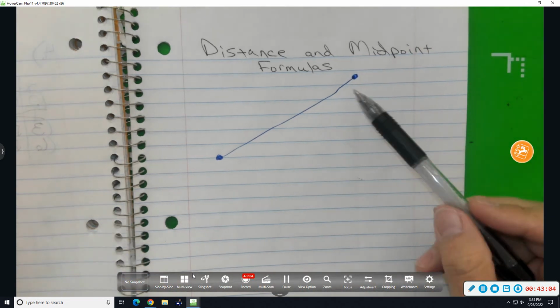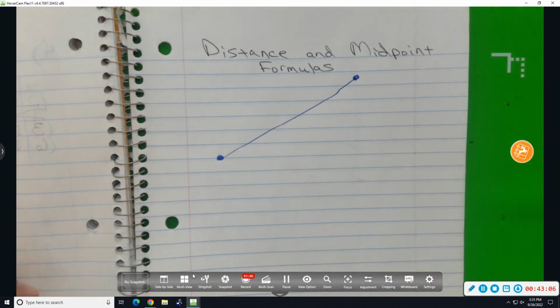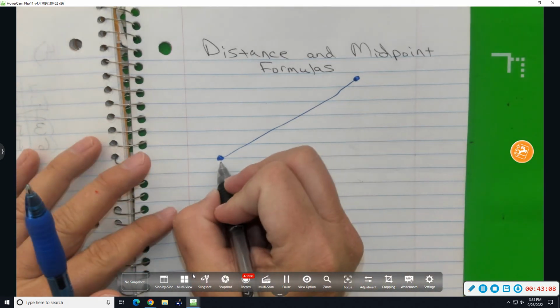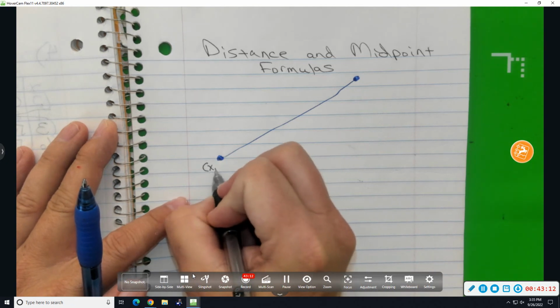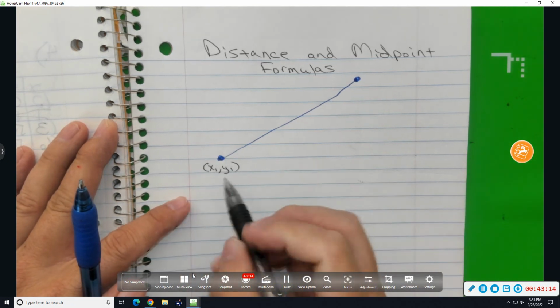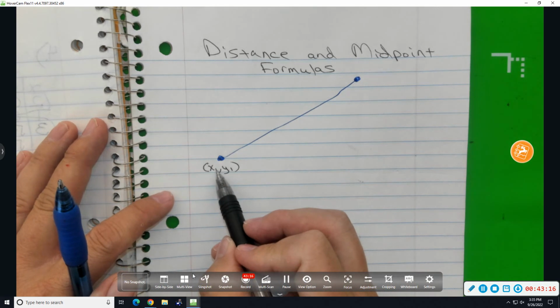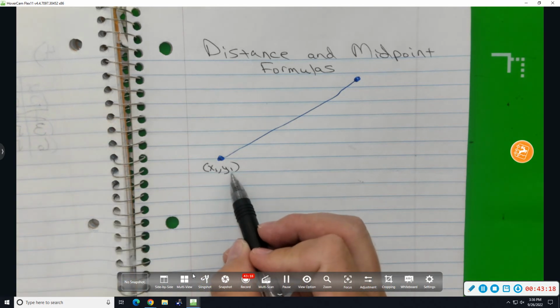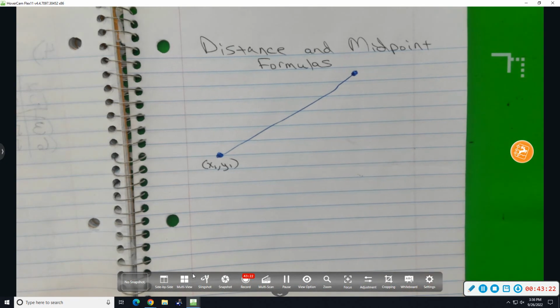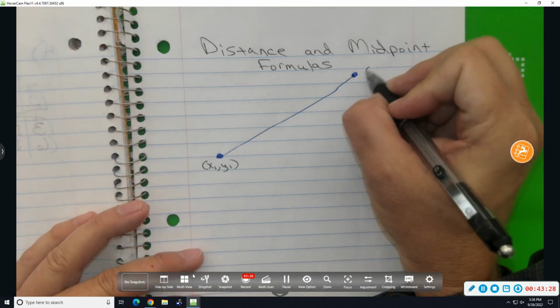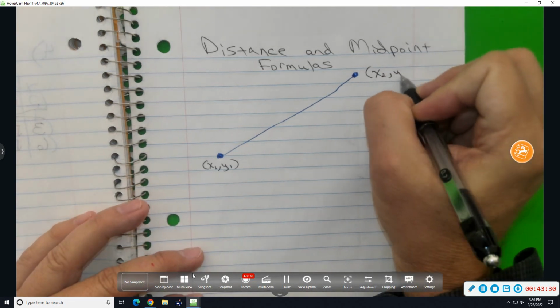We can say that's good enough for this illustration. So one of the endpoints is x1, y1. Technically, it's x subscript 1, y subscript 1, or we can read it as x sub 1, y sub 1. Out of laziness, I just say x1, y1. And the second ordered pair, I'm going to label x2, y2.